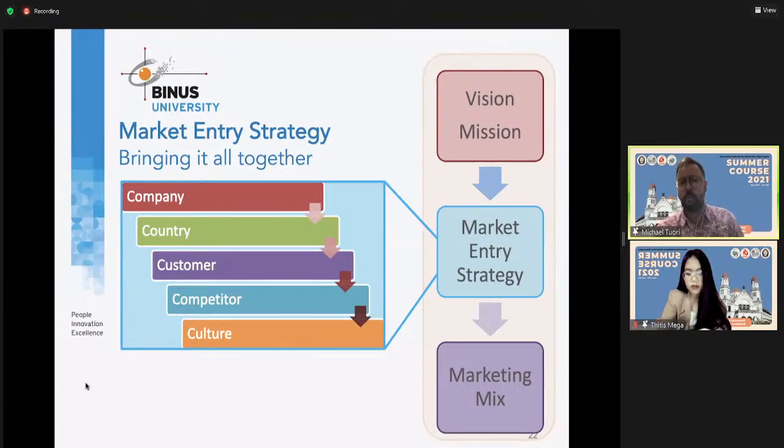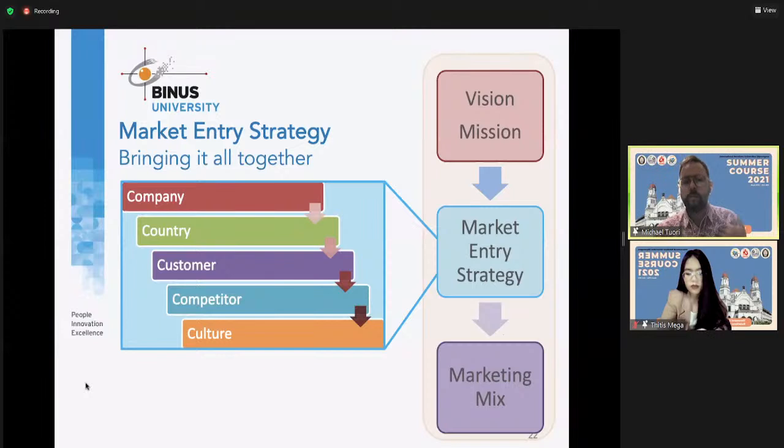So you want to look at all of these things. Just to bring it all together and summarize everything, the first step in the strategy process is always very high level. It's about our vision, our mission, our values of our company. We want to make sure that all of our strategies align with the vision and mission of the company.